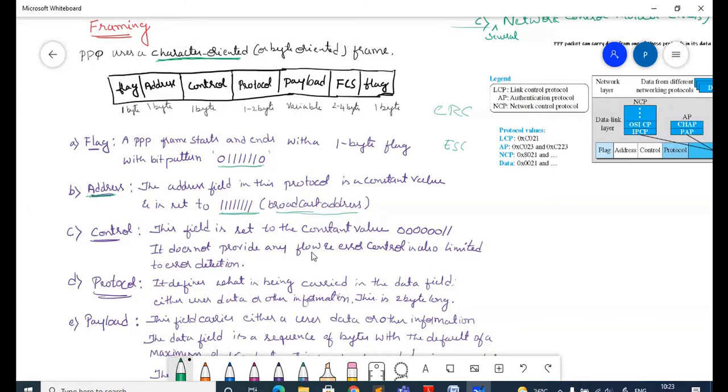There is no flow control. I'll explain when it comes to different types of framing. We'll discuss in detail about this control information, how it can be used to make decisions or to tell what type of data this particular frame contains.